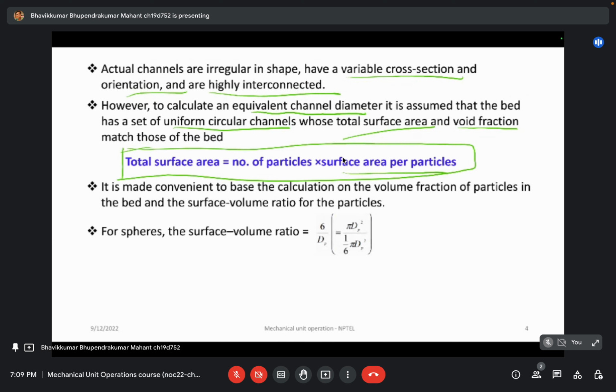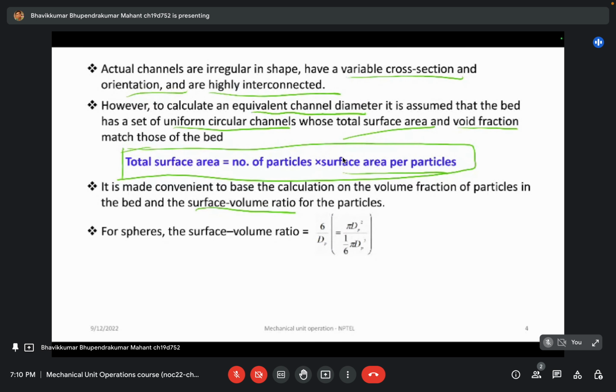As we discussed in the first one or two lectures, when we consider the packed bed configuration, we majorly consider the surface to volume ratio, so the diameter is based on the surface to volume ratio.